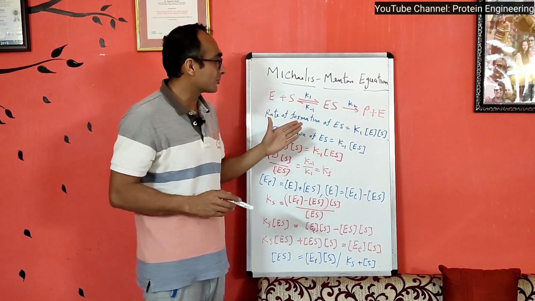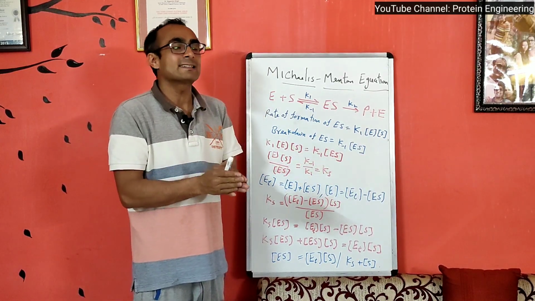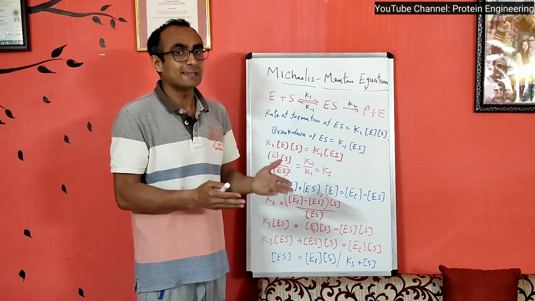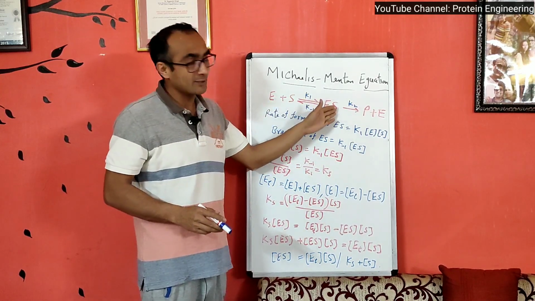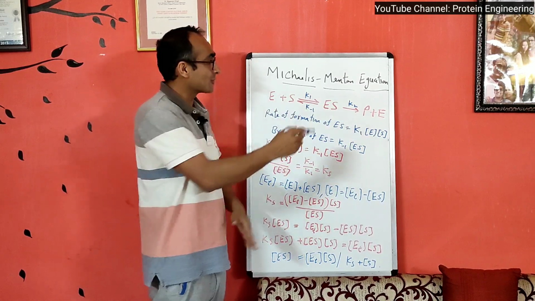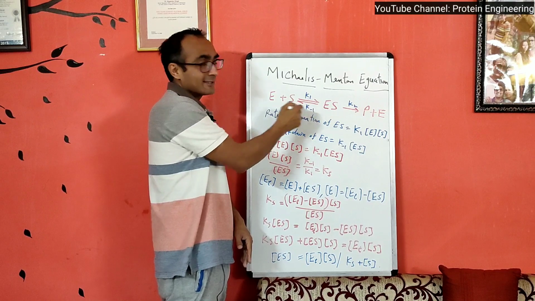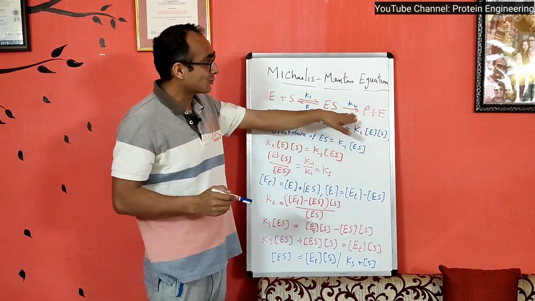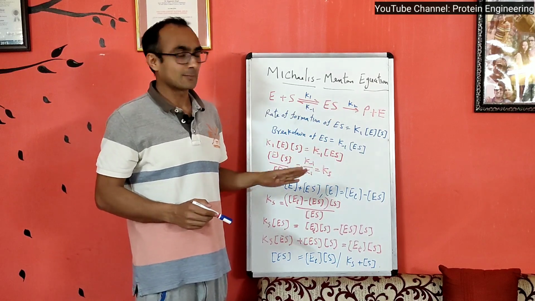So in other words, the ES complex remains at equilibrium, meaning the rate of formation of ES complex is equal to the rate of breakdown of ES complex through K minus 1 rate constant. K2 is negligible in order to influence this equilibrium.